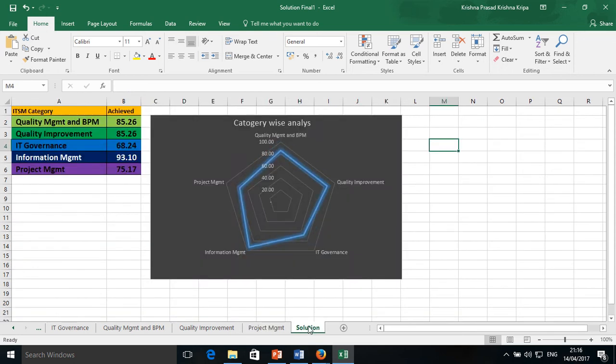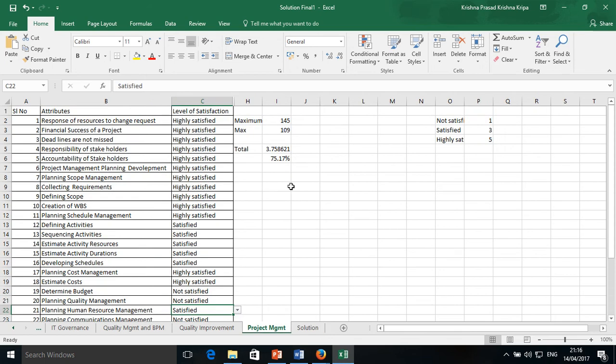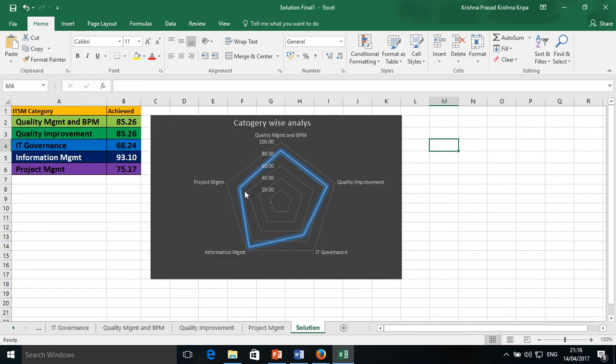Then when we look at the solution, you can change here. That means I have mapped all those results, how many points they gained out of these questions, and it will produce a radar graph here. What does this mean? Now information management is almost 100%.